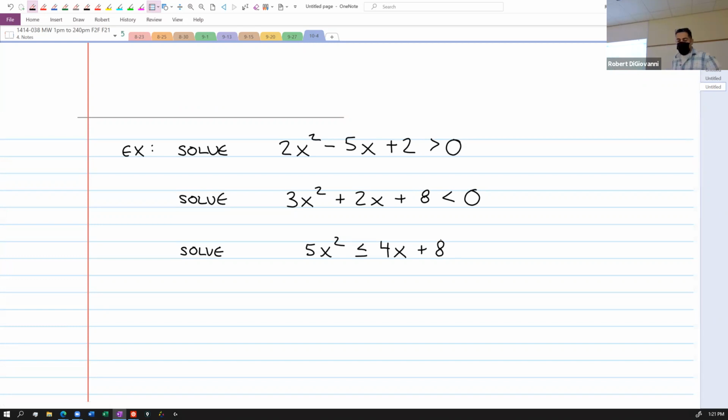The first one I think will be straightforward as long as you can solve the equation. Second one's going to be a little tricky, I think. The third one's not that it's hard, it's just you got to move things around a little bit first. So I'll give you some time to work on these. If you have a question, just let me know.